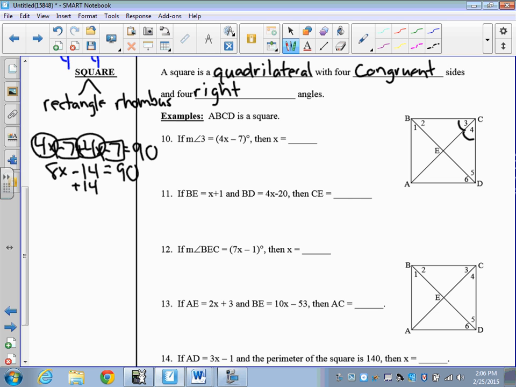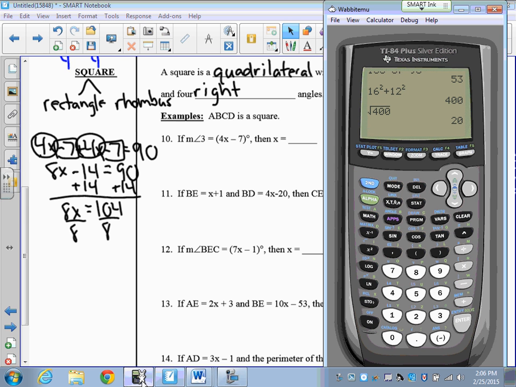We add 14. 8x is equal to 104. And we divide by 8. Sorry, I didn't divide. We get 13.